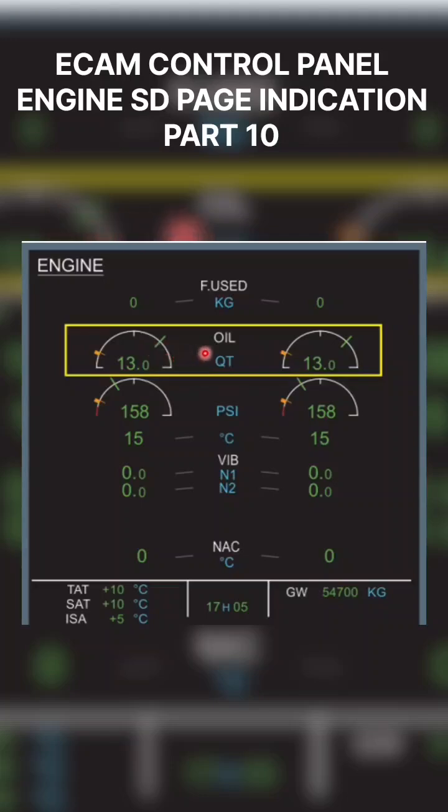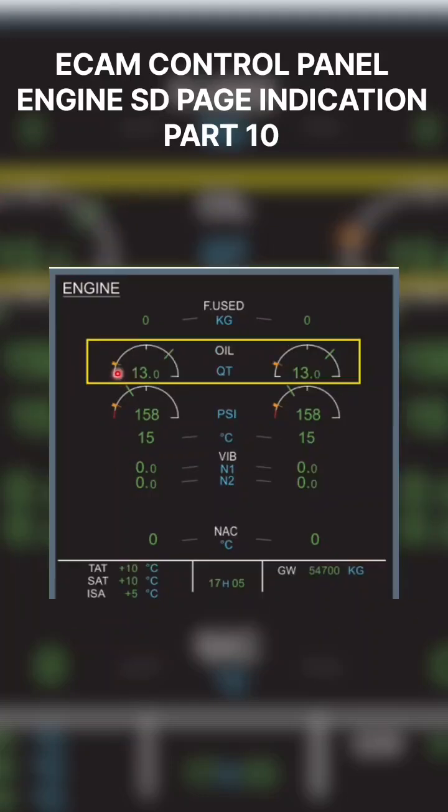The scale is still displayed in white. So in the case of invalid oil quantity, you will get amber crosses, the needle amber limit mark is removed, and the digital value is replaced by two amber crosses.